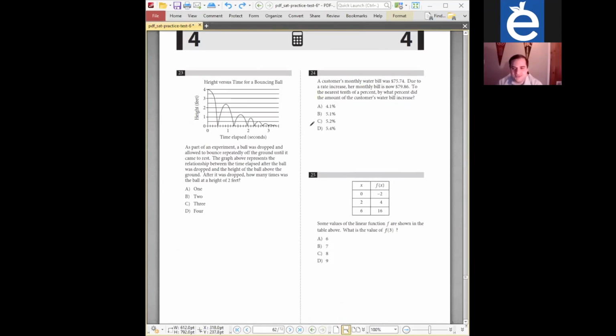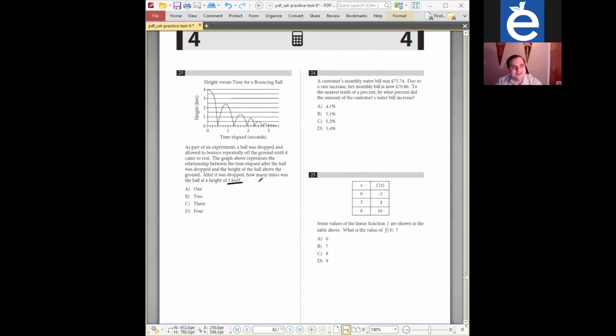All right, 23. As part of an experiment, a ball was dropped and allowed to bounce repeatedly off the ground until it came to a rest. The graph above represents the relationship between time elapsed after the ball was dropped and the height of the ball after it was dropped. After it was dropped, how many times did the ball have a height of 2 feet?